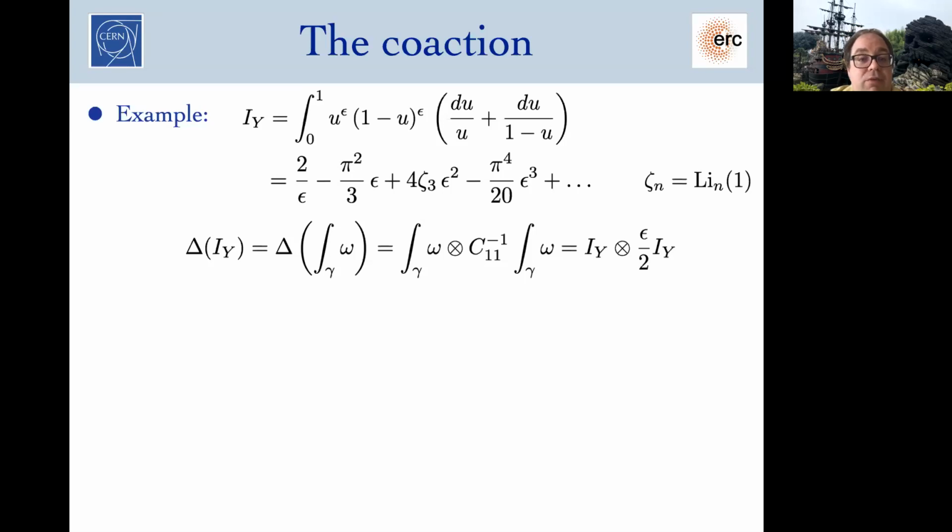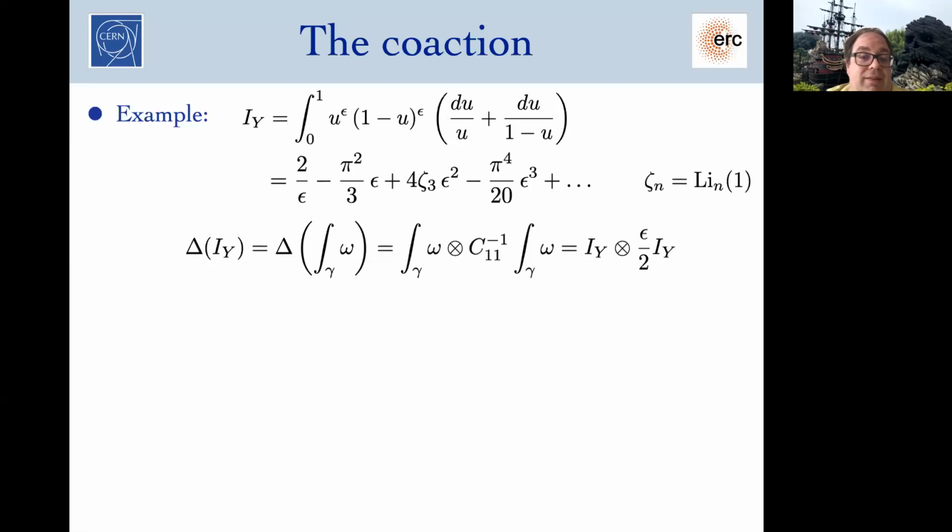And so if I apply the formula from the previous section, then I would say, well, the coaction of I_gamma, that is the coaction of some integral of some contour gamma against the form omega. Here, the basis of forms is easy. It's just this one single form. That's all I had. I only had one positive geometry, and I only have one contour. So there's only one term in my sum of master integrals.